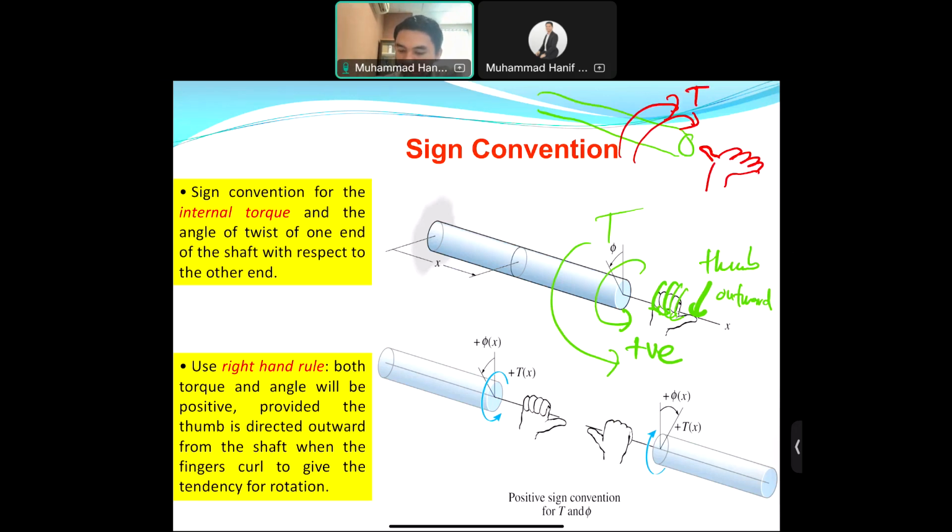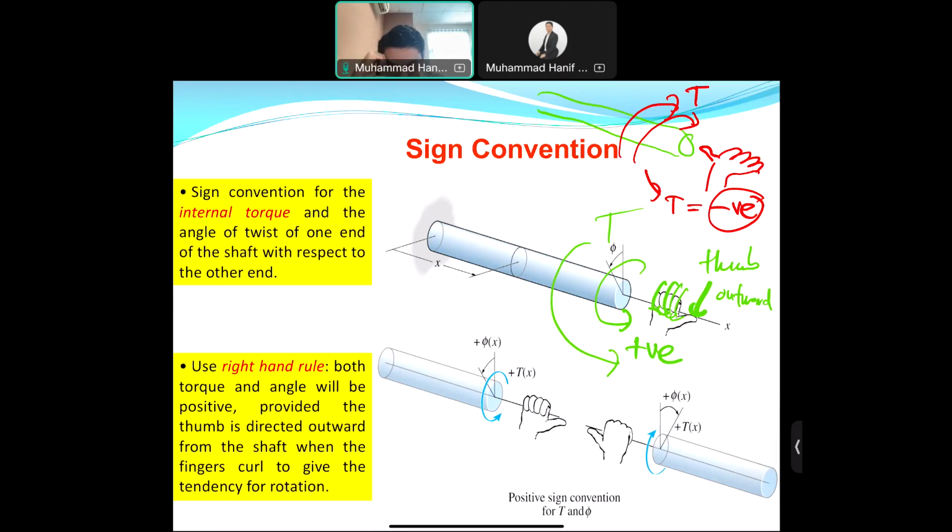In this case, the thumb is inward, which means the sign convention for T is negative. So you have to remember this. We will go through it later in the example, and I think you will understand the sign convention better then. If you set the sign convention wrongly, the answer will be different and wrong.